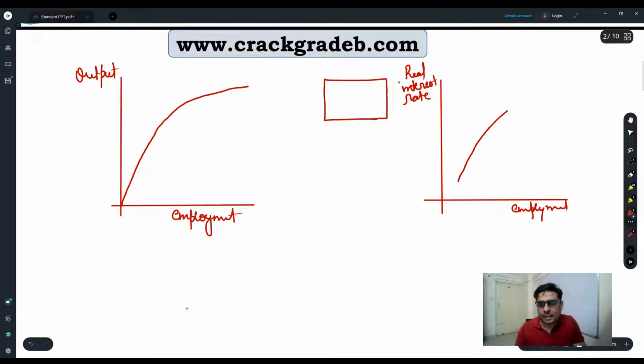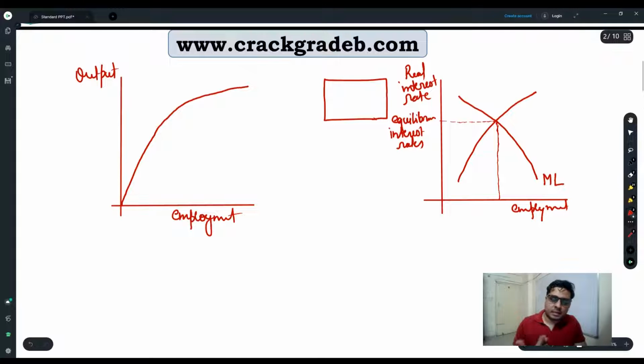So this curve is like this, right? Whereas the number of employees increases, the marginal efficiency of labor decreases. So this curve will be formed, and it is going to be the equilibrium interest rate.